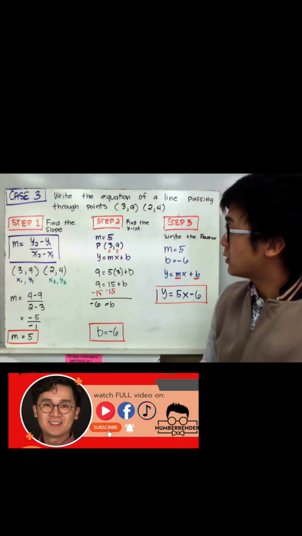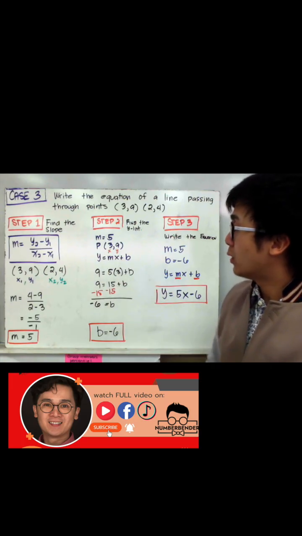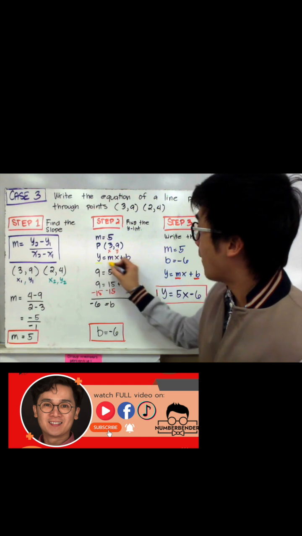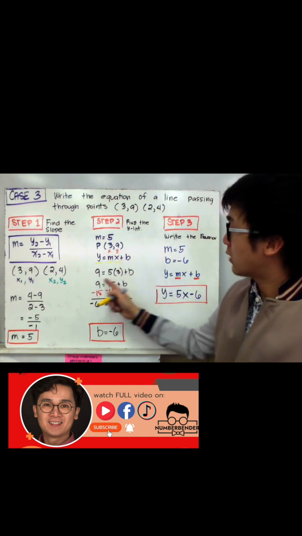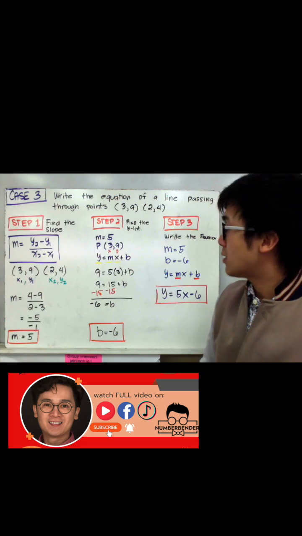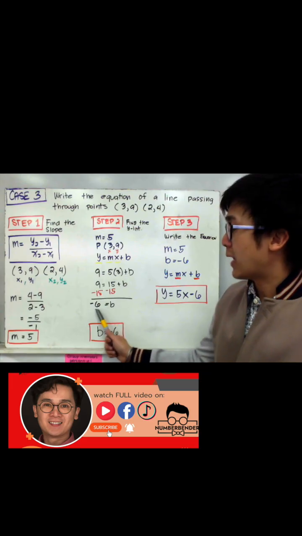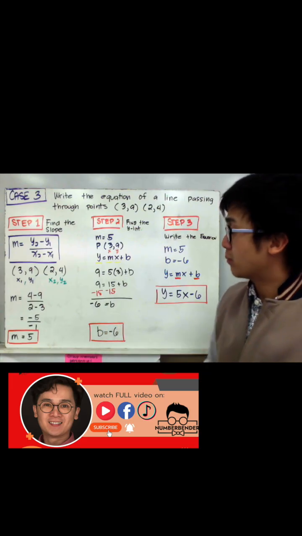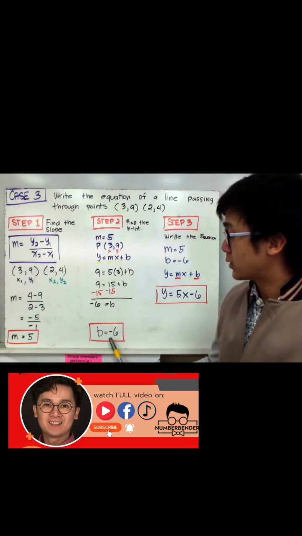By direct substitution, I will replace y, m, and x by these values. So I'll have 9 equal to 5 times 3 plus b, which gives me 9 equal to 15 plus b, which gives me b equal to negative 6 by subtracting 15 on both sides. So now I found my y-intercept, which is b equal to negative 6.